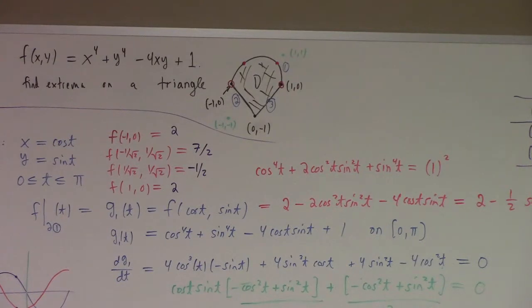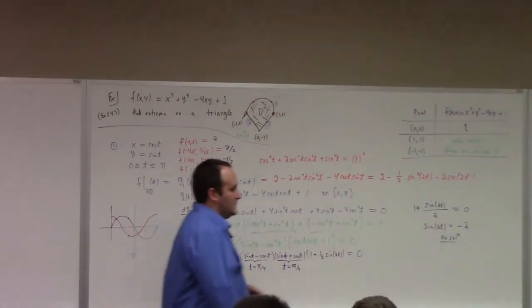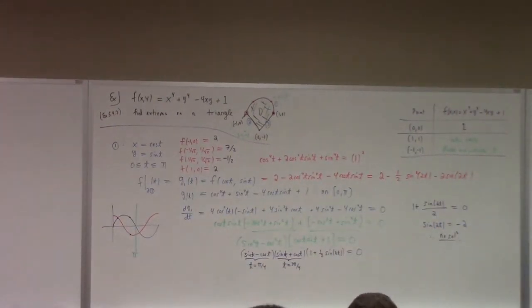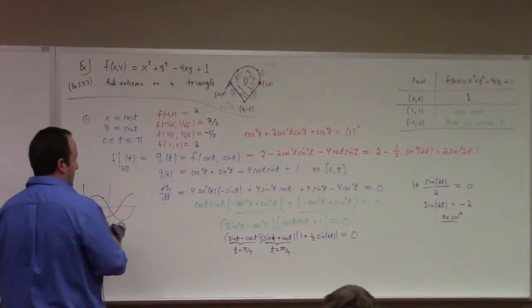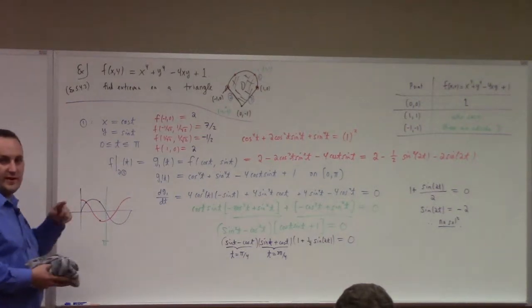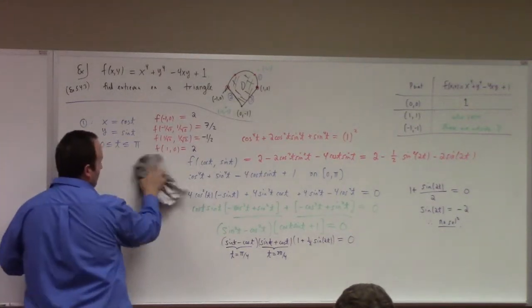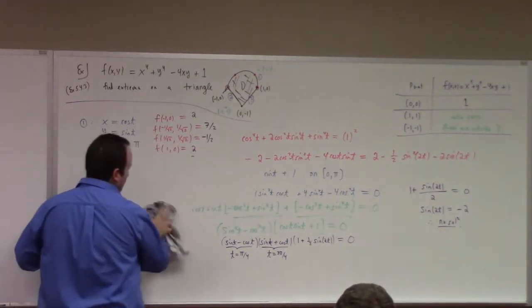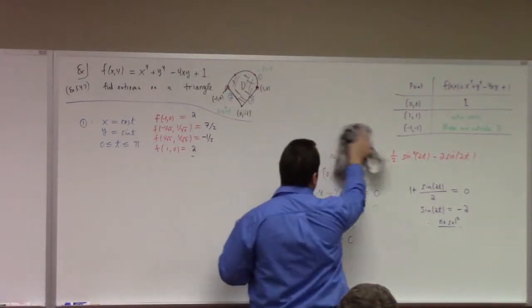Would this have been easier to do with Lagrange multipliers? Maybe. I don't know. Want to try it? Can I erase? You already got it? Okay. Now, if we do Lagrange multipliers, we might accidentally pick up some solutions we don't care about, right?